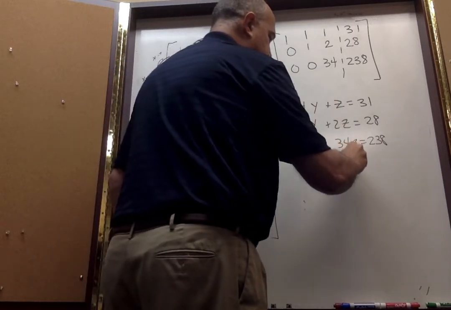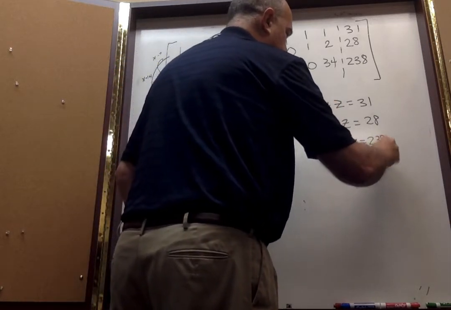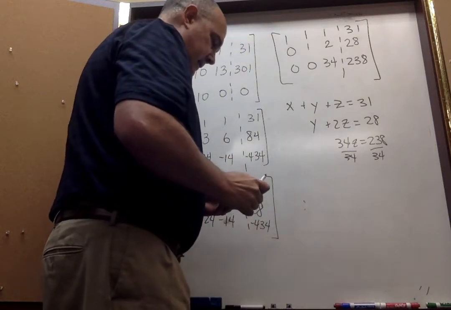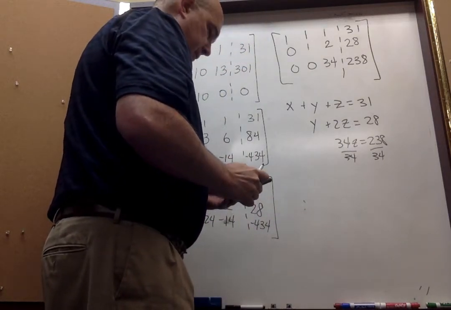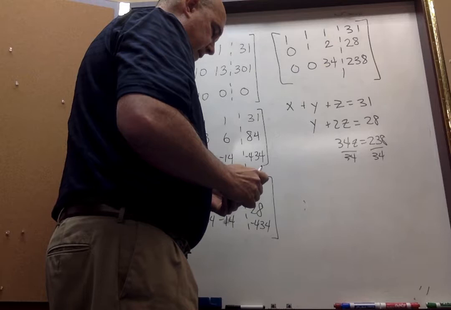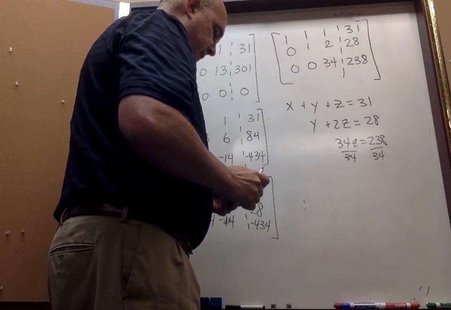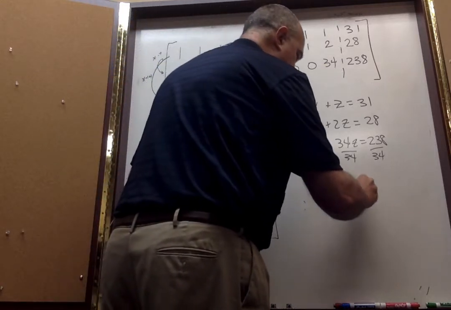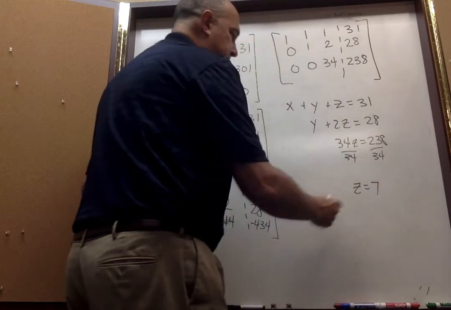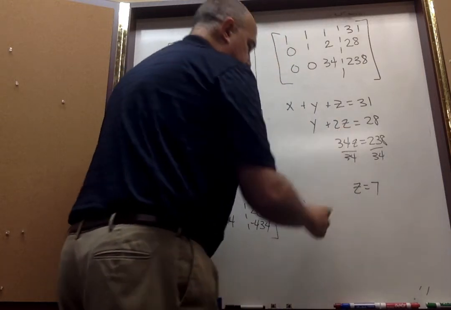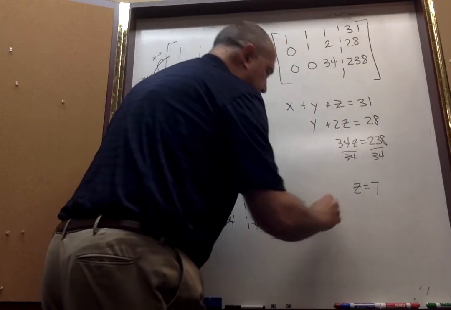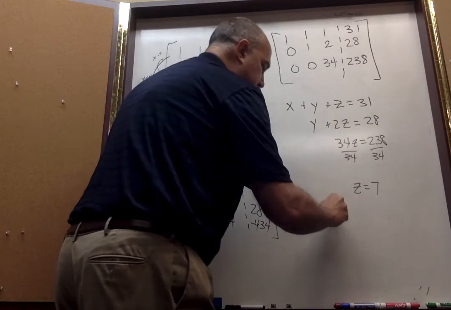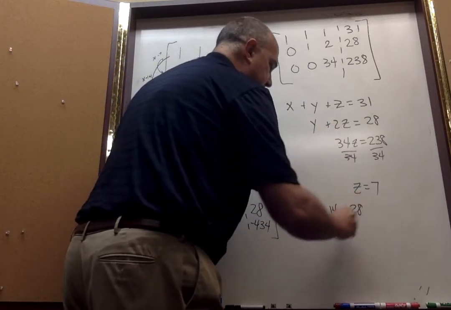So I'm just going to divide both sides by 34 here, and 238 divided by 34 equals 7. So z equals 7. And I'm going to plug that in here. So that's y plus 14 equals 28.